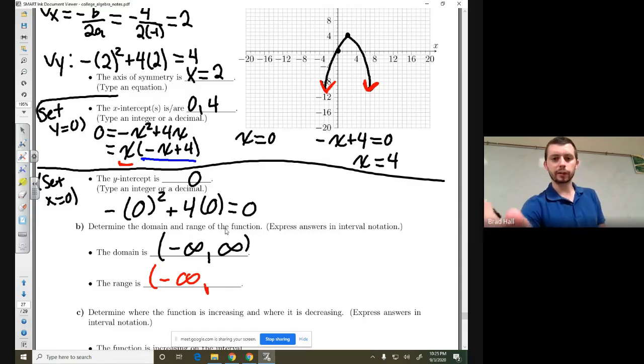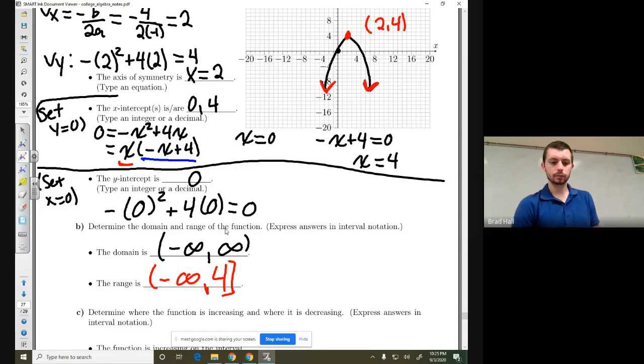And then we compare that to the highest we can go, which is, it stops at the vertex. The vertex is 2, 4. And we're looking for the range, which means we want the y value, which is why I'm putting 4. And then a bracket. That would be the range.